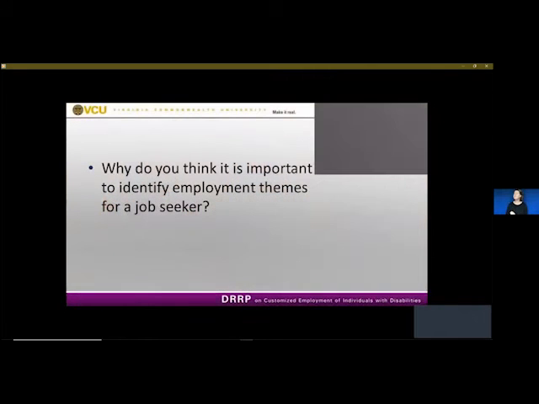Okay, thank you. So as you're going through your discovery, why do you think it's important then to identify employment themes for a job seeker? I think it's very important because it's more individual specific for the job seeker. It allows the employment specialist to have more of a direct path when looking at different businesses.